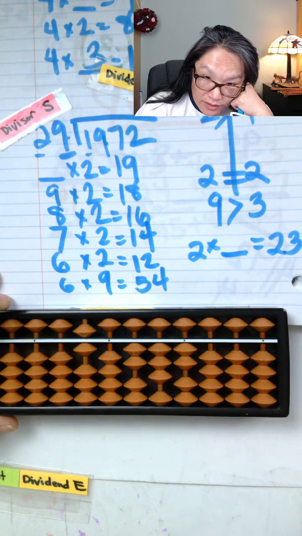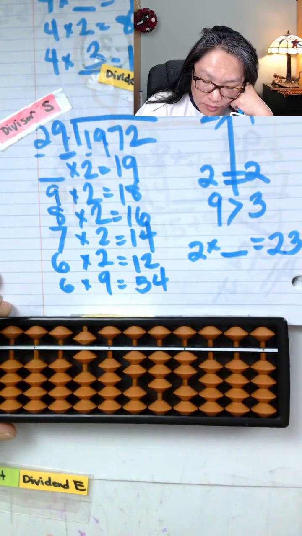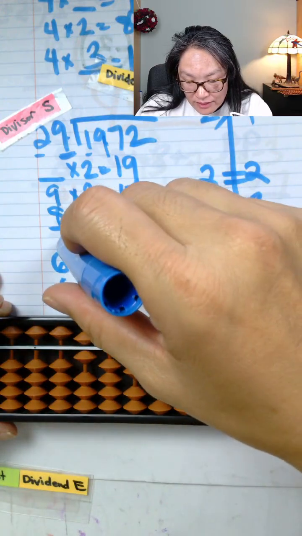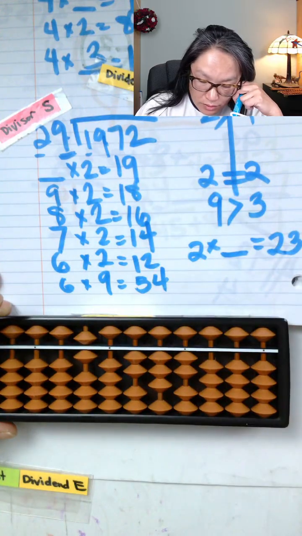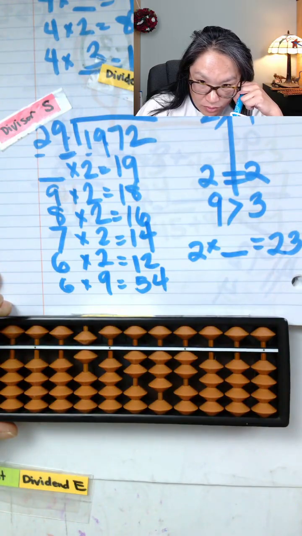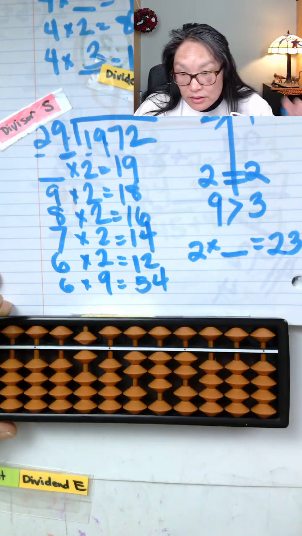I think you said 64. 9 times... Whoa. 7 times 9. No, but we don't do 7 times 9. We did 7 times 2. Oh, maybe that's what it is. 64. Whoa. 56. 9 times 6.